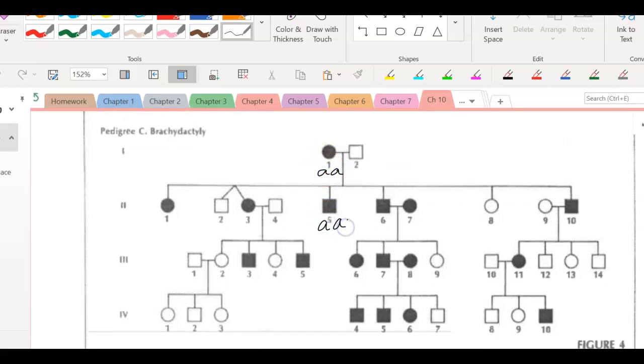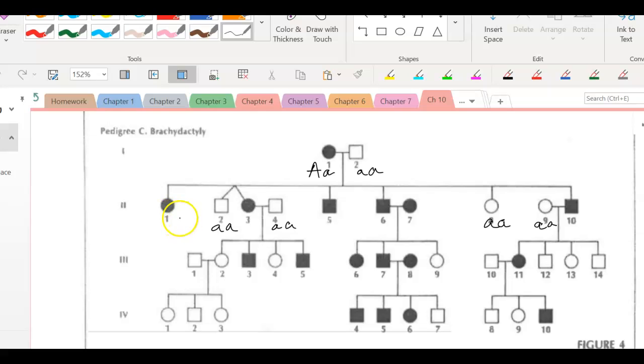Back up, Miss Keene. Everybody that is not affected has to be little a. So this just isn't a very common allele that's found in the gene pool. This person has the disease, so they have to have at least one big A. But look, they had a son that was part of twins that is little a, so he's got to be a heterozygote.